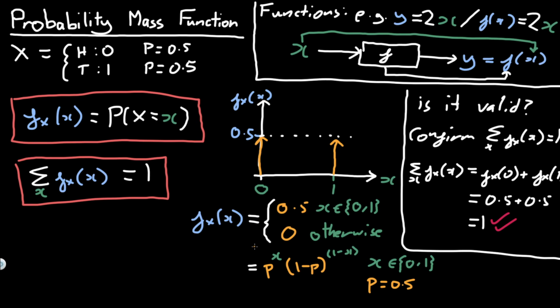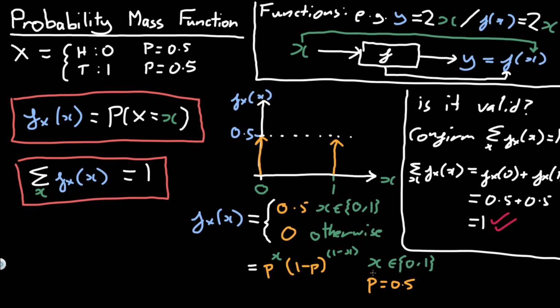And this mass function is actually called the Bernoulli distribution. It's used to model a discrete random variable, a discrete binary random variable, that is, a discrete random variable with two possible outputs. And this will always be valid for any value of p. X will always be either 0 or 1 because it's a binary discrete random variable.